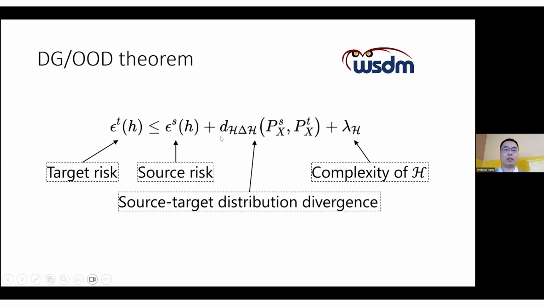If we put this in the large language model era, we can see that in training large language models, there is no domain adaptation or out-of-distribution generalization. They just simply want to minimize the source risk. So the key question here is whether minimizing the source risk alone, ignoring the other terms, like maybe the most important divergence term, will lead to a minimal target risk.